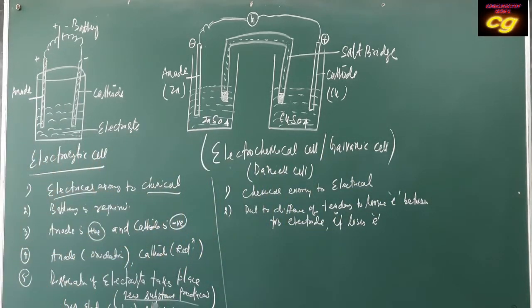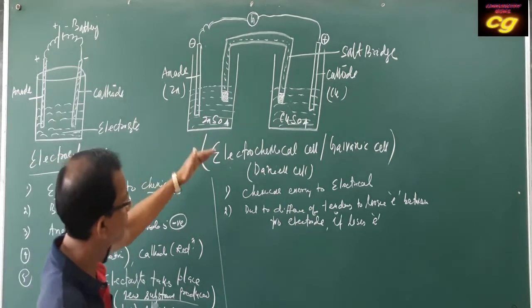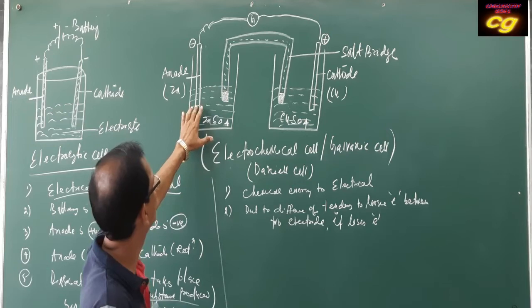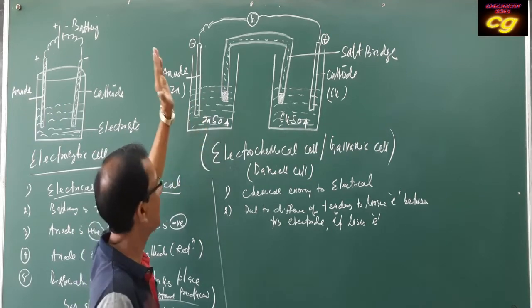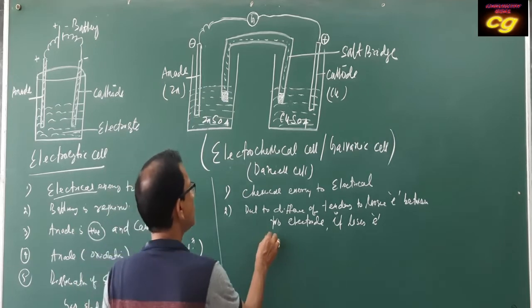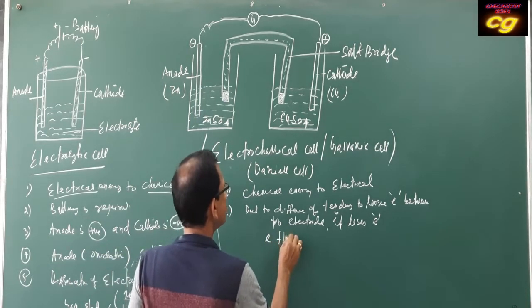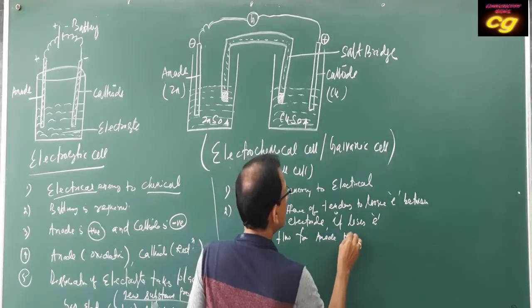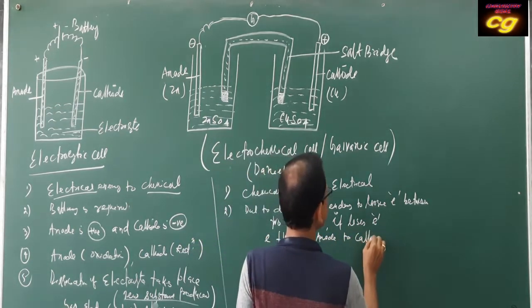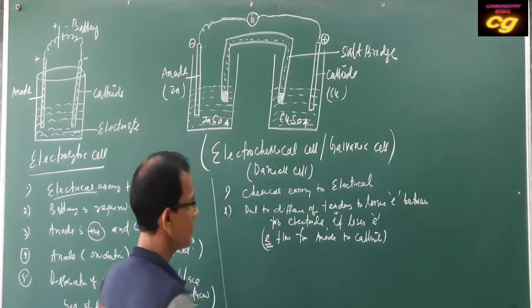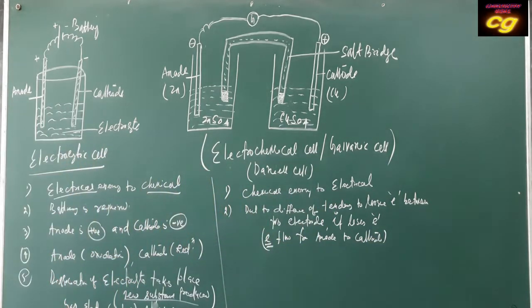Generally, in an electrochemical cell, electrons flow from anode to cathode. Electrons flow from anode to cathode.